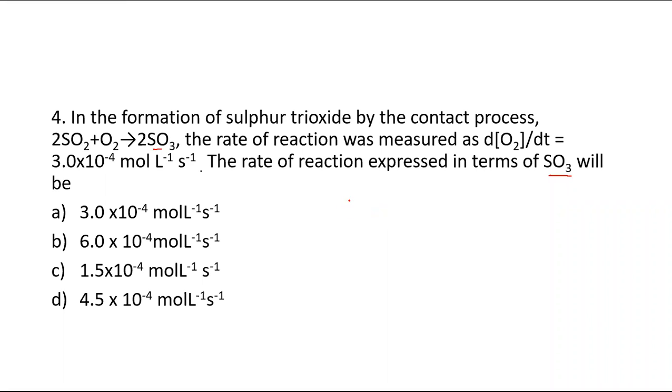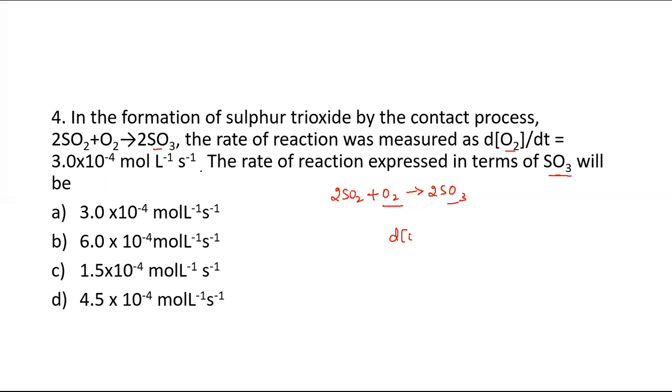Okay, let us write the expression. So first look at the reaction: SO2 plus O2 gives rise to 2SO3. For the rate expression, I'm going to concentrate only on oxygen and SO3 here, because they have given O2 and they have asked about SO3.